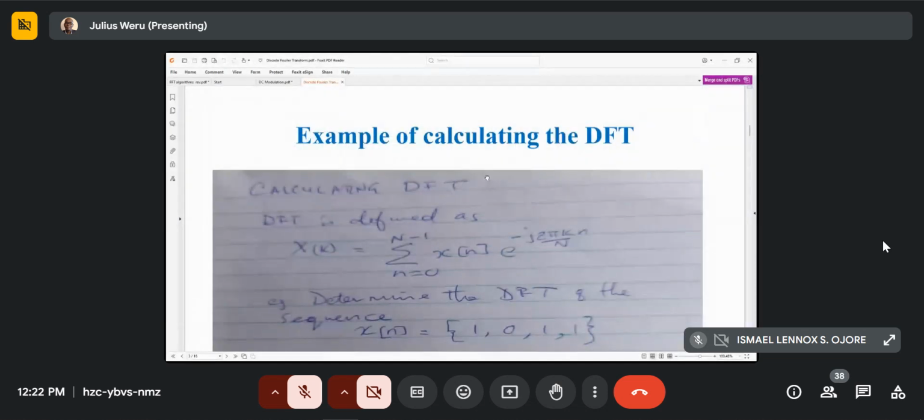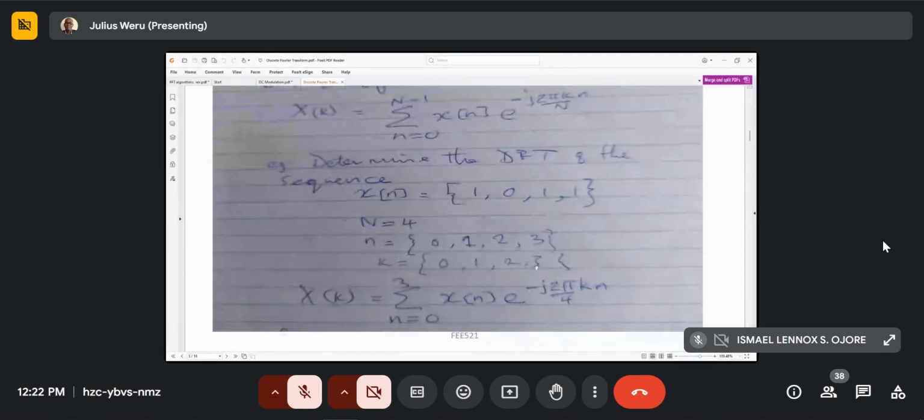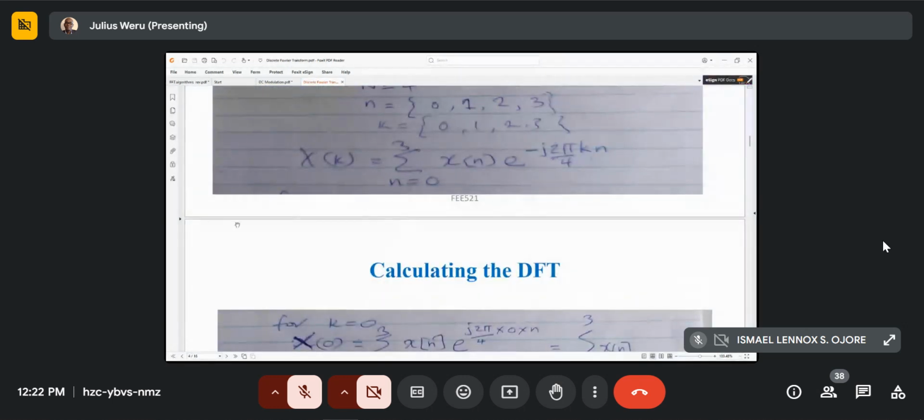So this is the definition of DFT. If you have only two samples, what does it become?